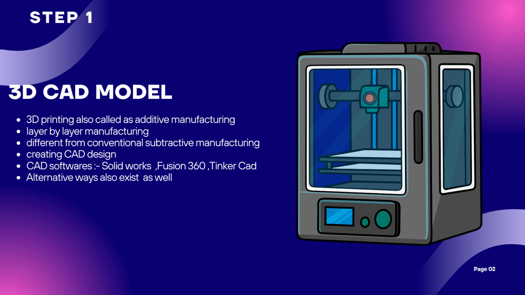There is also an alternative to 3D CAD model software, which is 3D scanners, in which we lay down a base layer of a default color, or you can say a non-reflecting color.